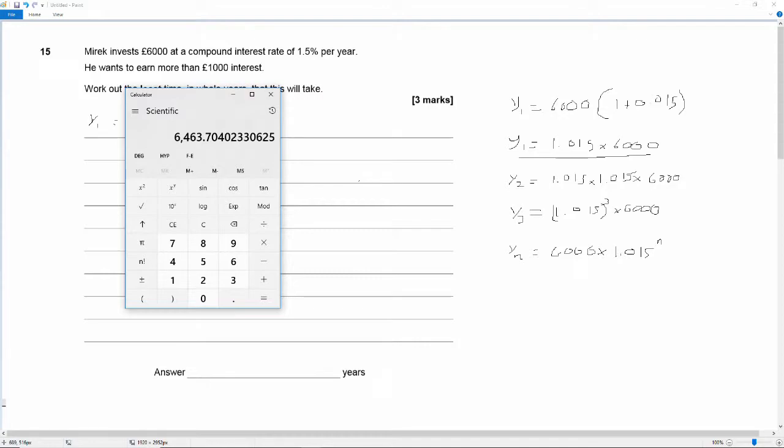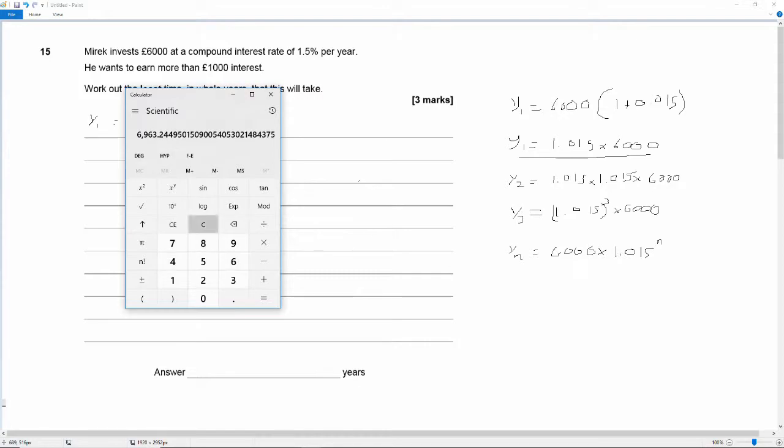So as a guess, why don't we try 10 years? So 6,000 times 1.015 raised to the power of 10. £6,963.25, almost. So let's have one more year, and let's make that 11 years.